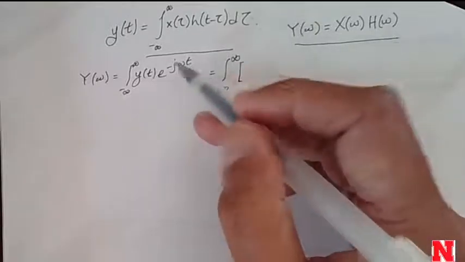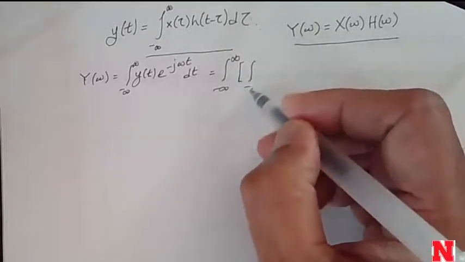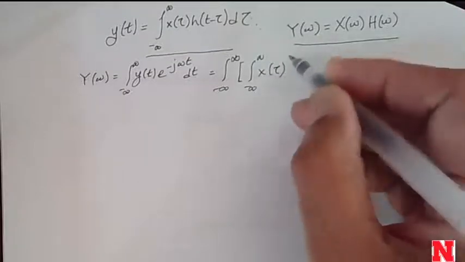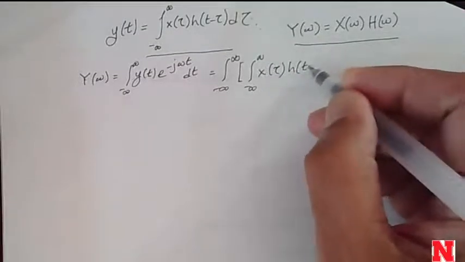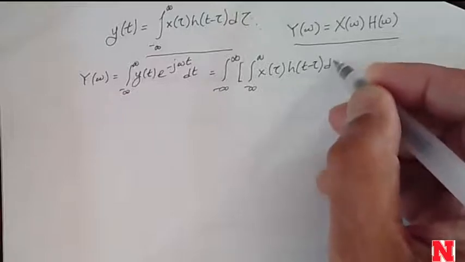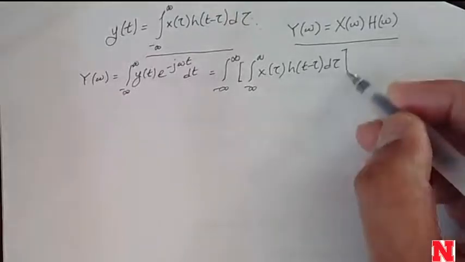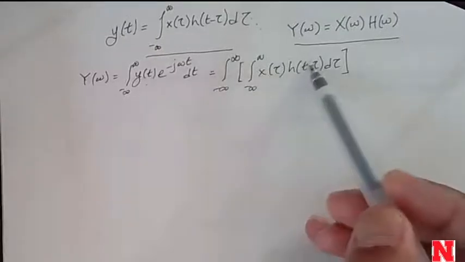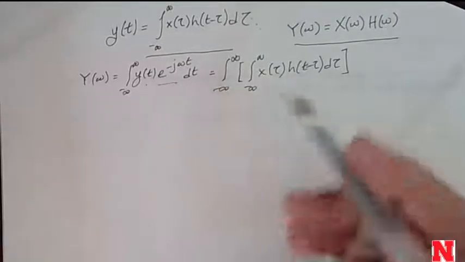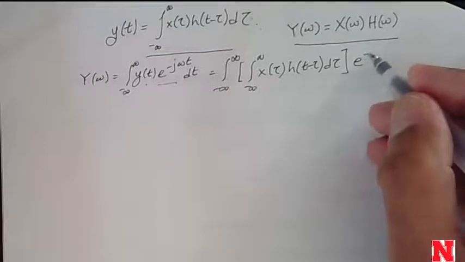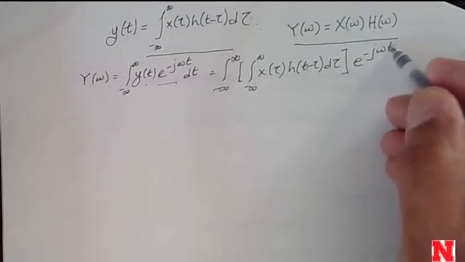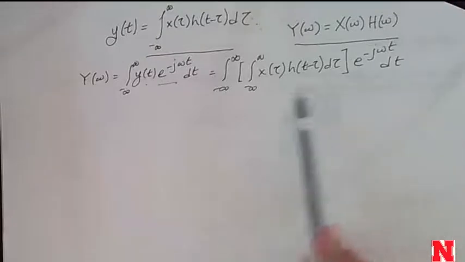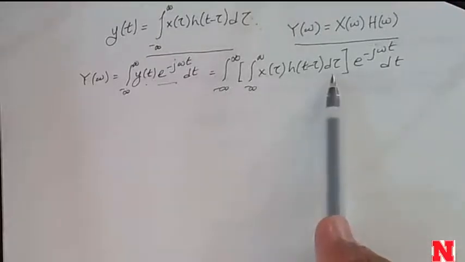So this is the integral from minus infinity to infinity of x of tau, h of t minus tau, d tau, which is y of t, and then I put in e to the minus j omega t, and then dt. Now I'm going to switch the order of integration.